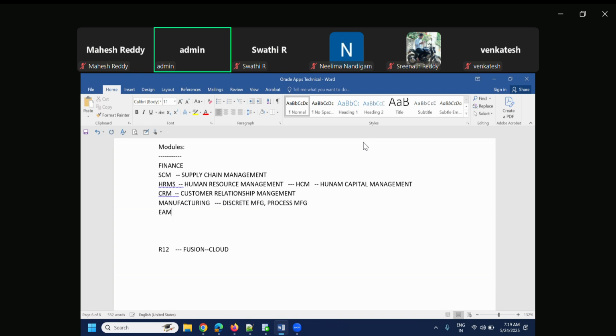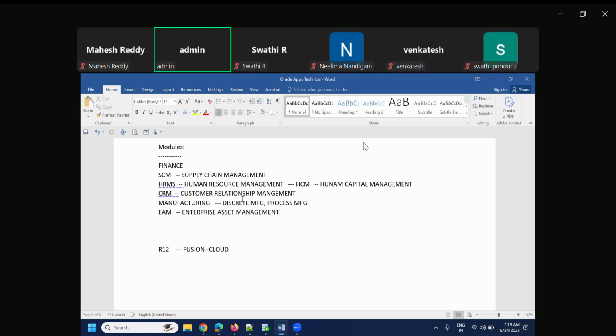Then EAM, nothing but enterprise asset management. For example, Oracle apps are used by APSRTC to maintain the buses. For every 5,000, there is a service where they need to change some oil.